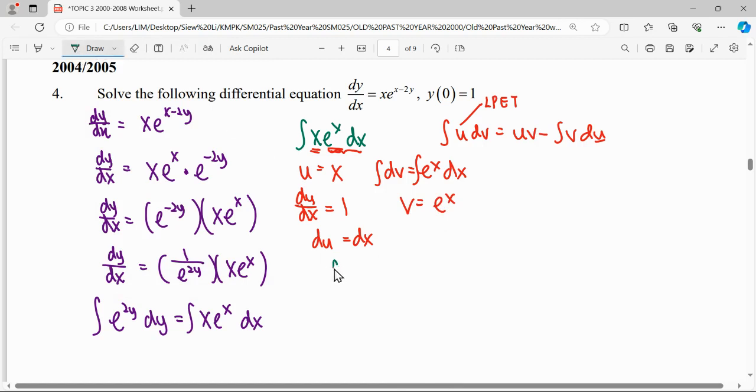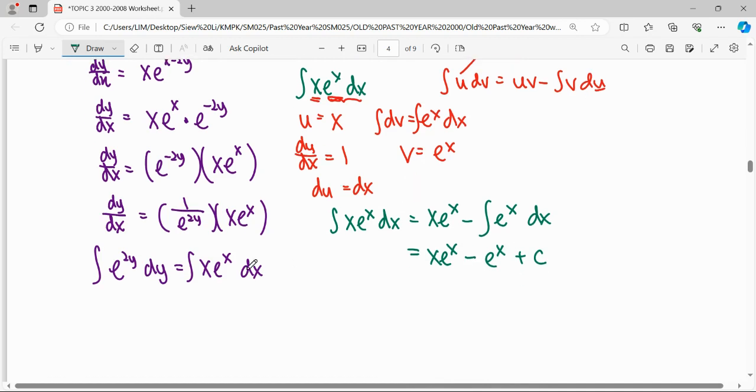Therefore, integrate x e to the x dx equals u times v minus integrate v du, which is dx. So integrate e to the x, which is e to the x, plus c.